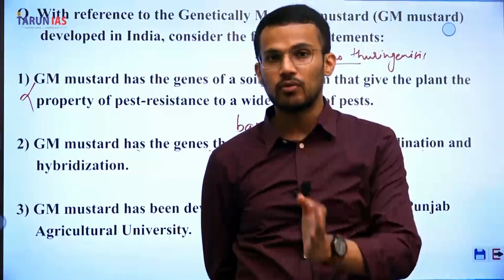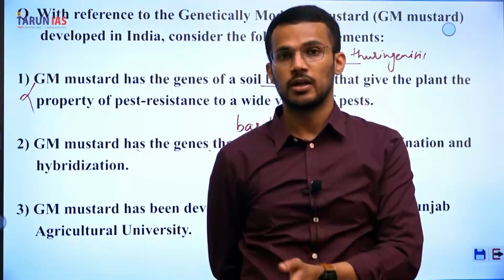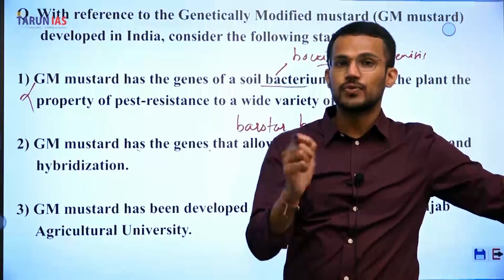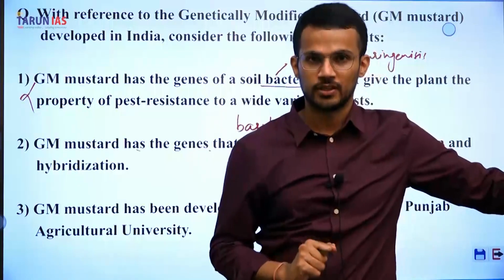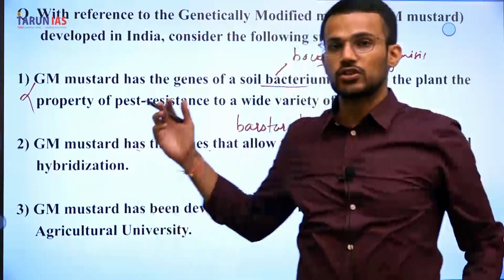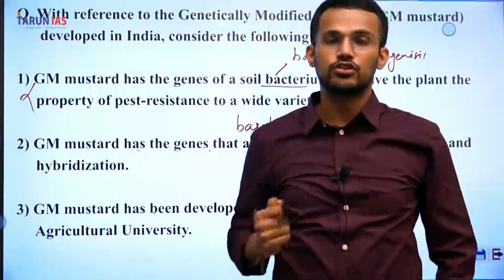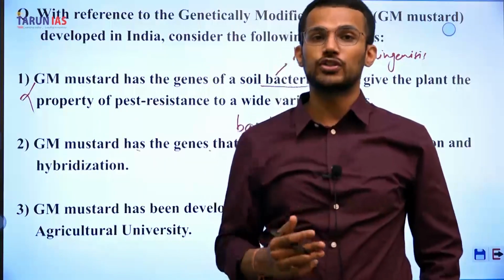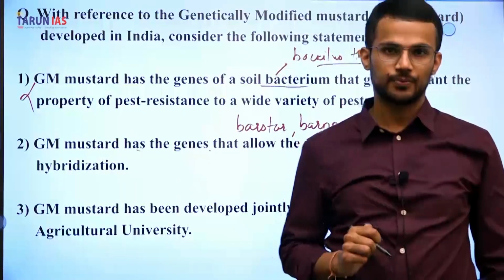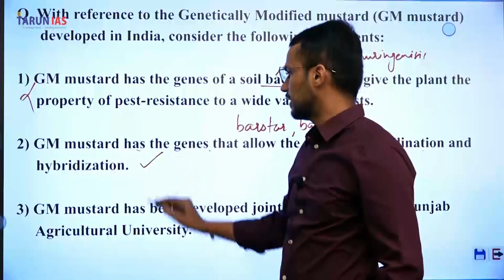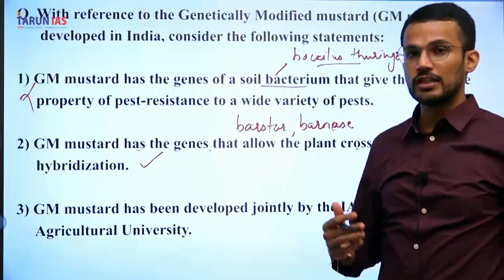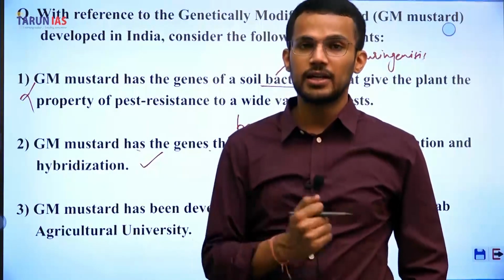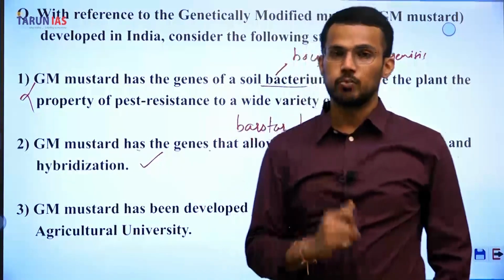That means the flower of mustard consists of both male as well as female gametes, and that's why it is very difficult to carry out cross-pollination. But that has been achieved with the introduction of certain genes in GM mustard, and that has allowed scientists to carry out cross-pollination as well as hybridization. Right? So the second statement is correct. Because of the genes introduced in mustard, cross-pollination and hybridization of mustard was made possible.